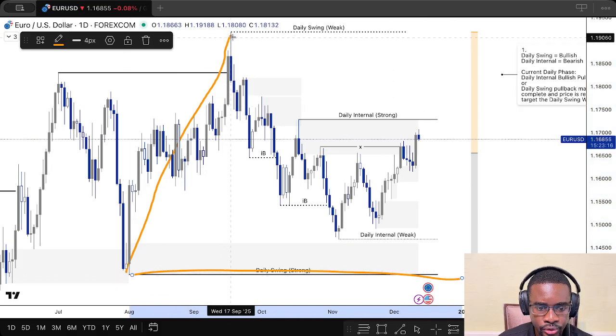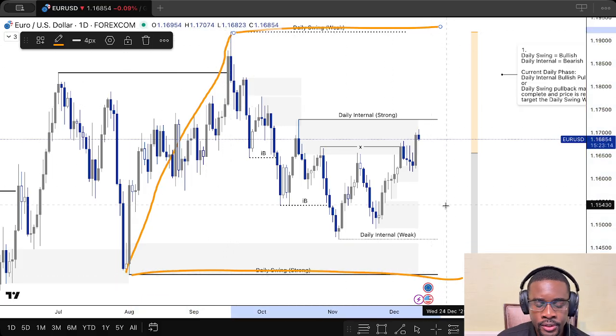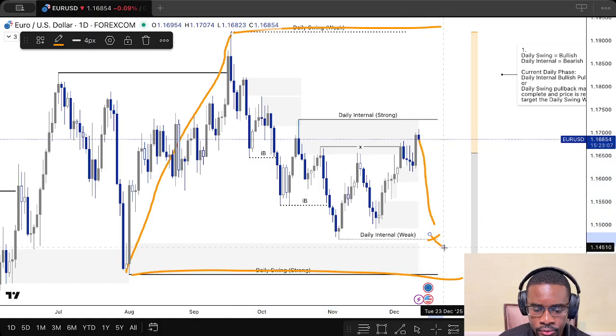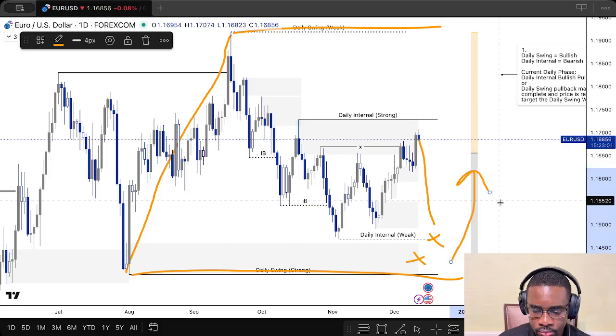This is our swing range. We were anticipating that we were going to continue lower, targeting this weak daily internal low to mitigate this extreme demand before price makes a U-turn to then possibly go and attack the weak daily swing high.